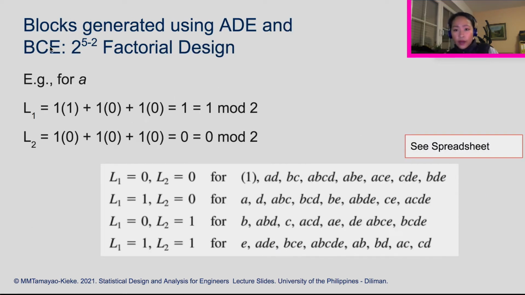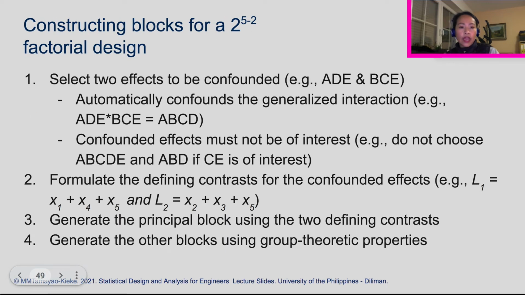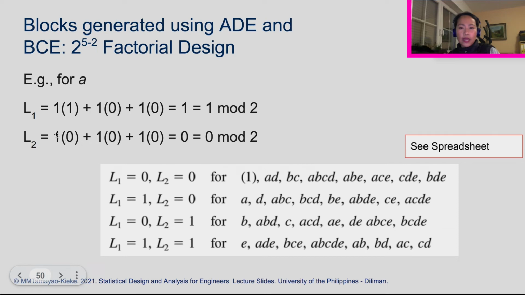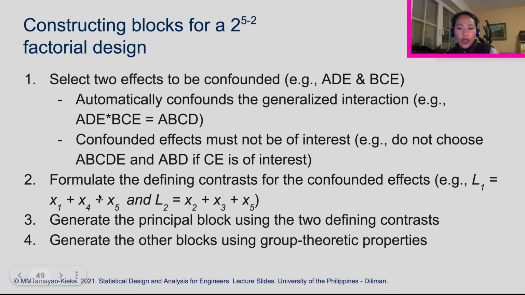So we already generated the defining contrasts L1 and L2, and we know that our effects to be confounded with the blocks are ADE and BCE. So for L1, looking at treatment combination a, this means that you have high level for factor A. For our defining contrast, we have X1, X4, X5.